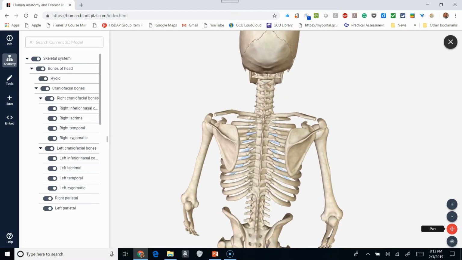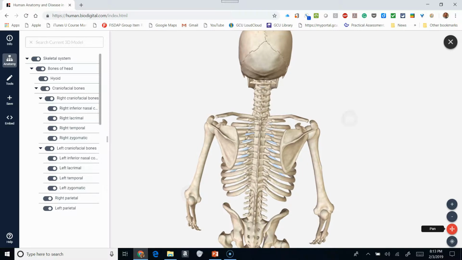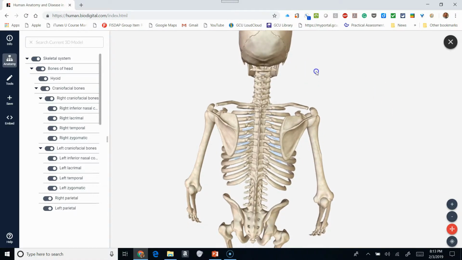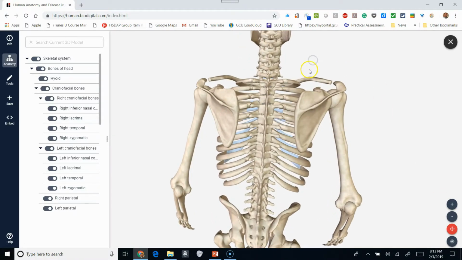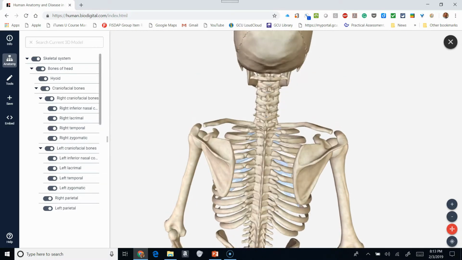Let's see if we can get a better angle for you. Okay, so the spine is actually broken down into a whole bunch of vertebrae.